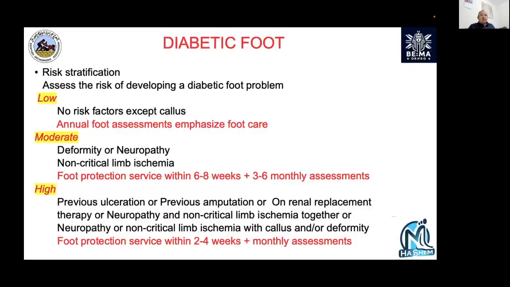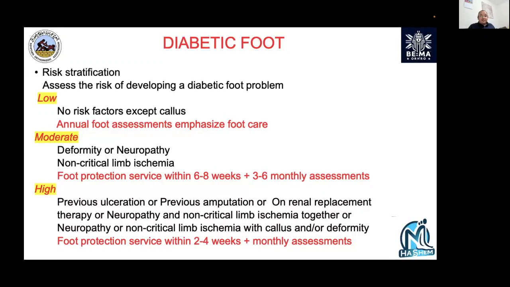Moderate risk is the patient who starts to have early neuropathy and mild deformity. The patient still has intact sensation, just neuropathic, but not badly neuropathic or insensate. And the deformity hasn't changed the shape of the foot and is not causing a pressure point. In this case, you have to get this patient under the foot protection service, to be seen within 6 weeks, with regular assessment every 3 to 6 months.